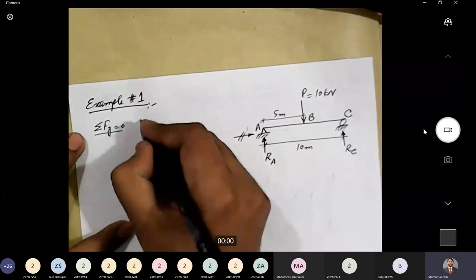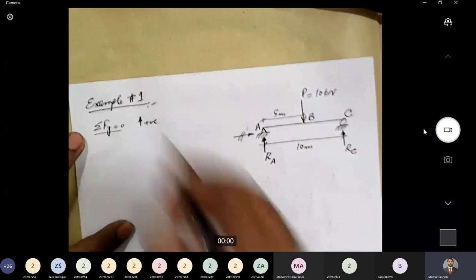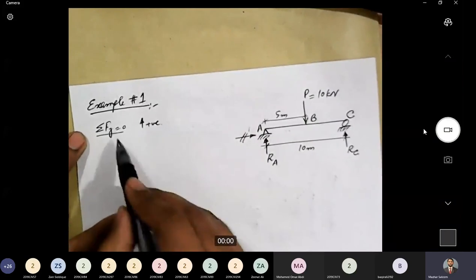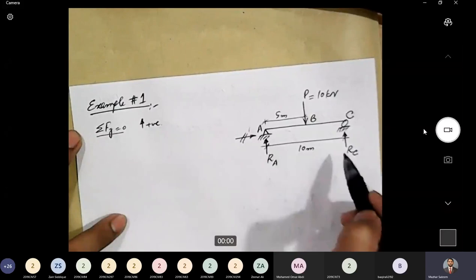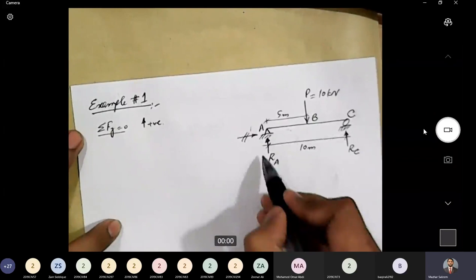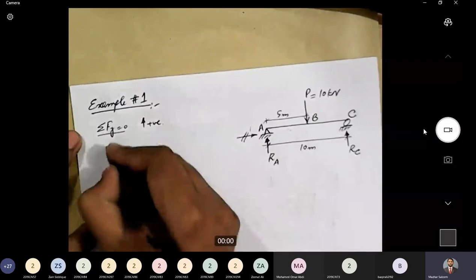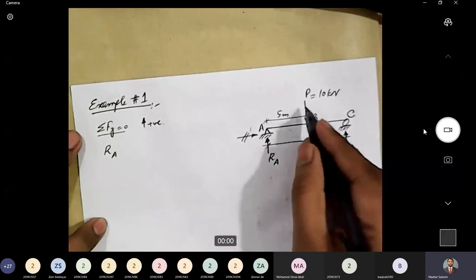Our convention will be upward positive. Applying sigma Fy equal to 0, how many upward forces are there? Let's start from this side. RA acts in the upward direction, so it's positive.